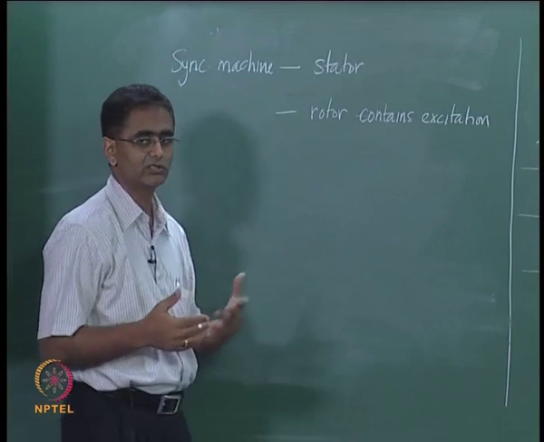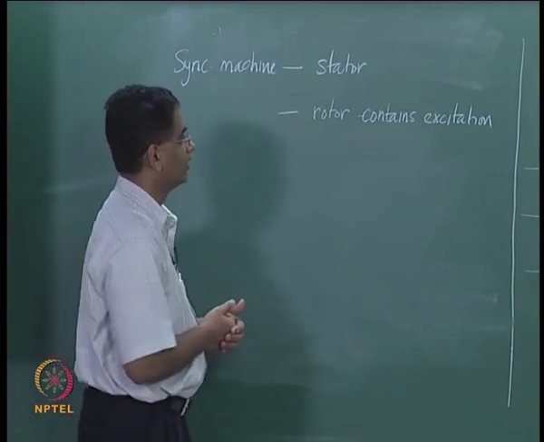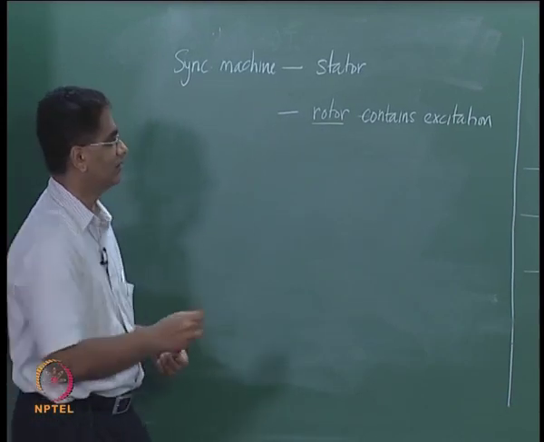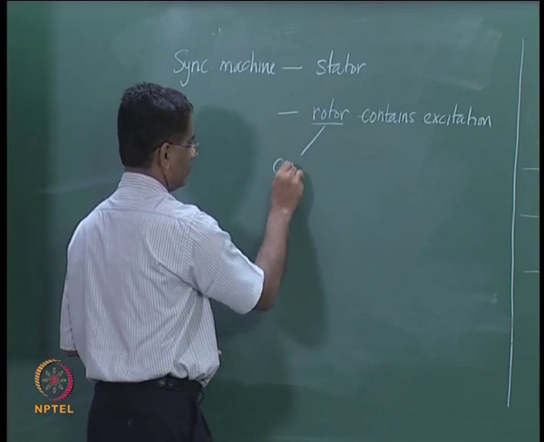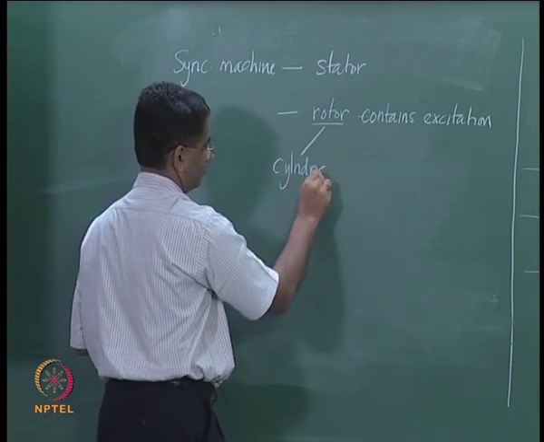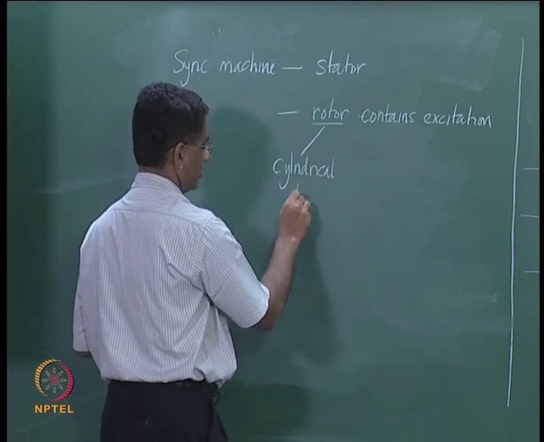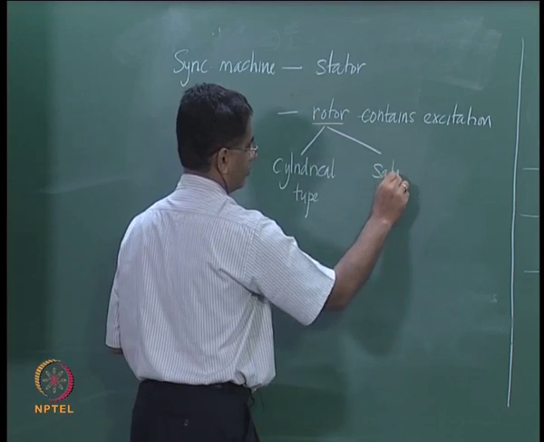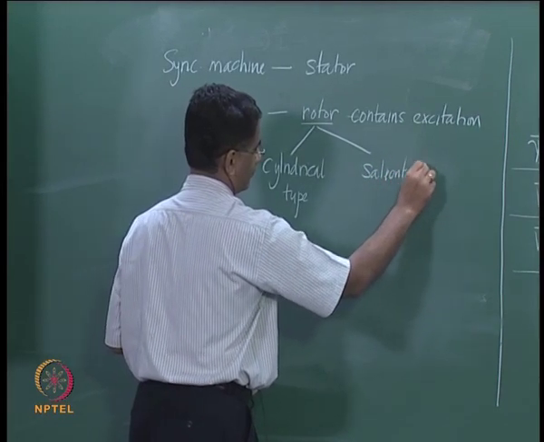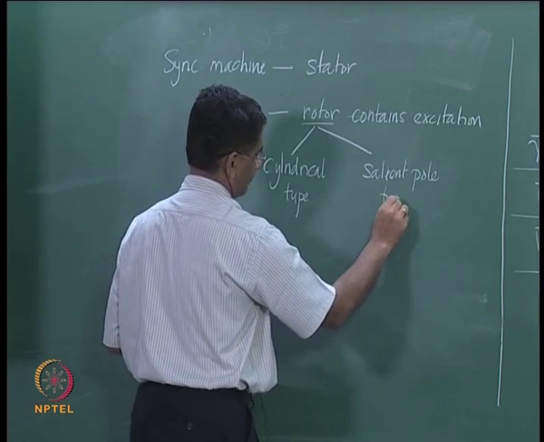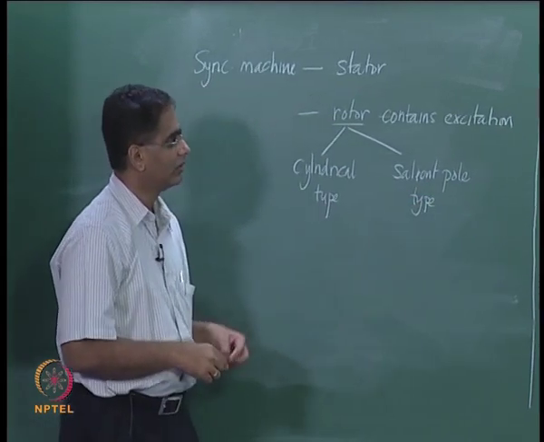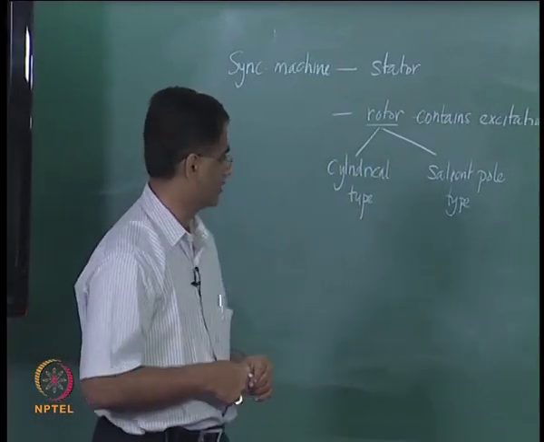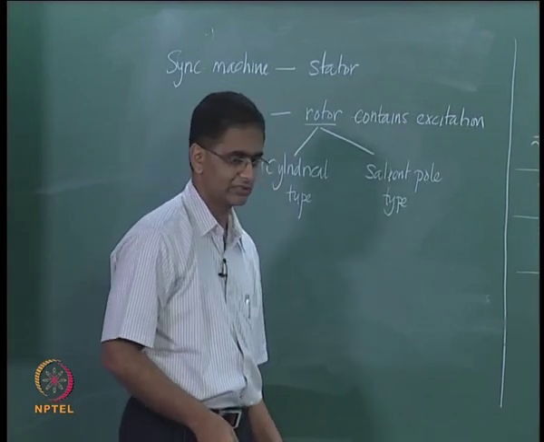So the rotor produces a direct field, it is not an alternating field, and the rotor is of two types. The rotor can either be of cylindrical type, or it could be of salient pole type. We need to see how these two look like in order to develop the idea a little further, which I will show you by means of some images.